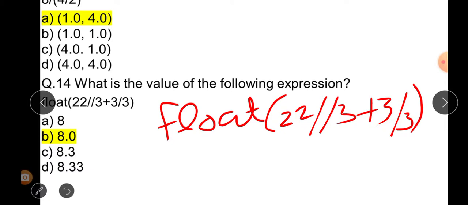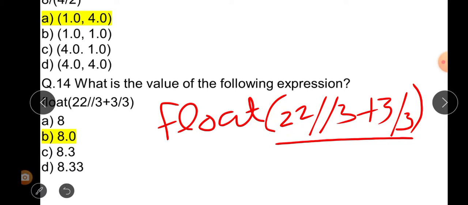Okay. So first of all, this inner part should be evaluated first, and whatever answer we get is converted to a float value. If we get an integer value, then the answer should be converted to a float value.